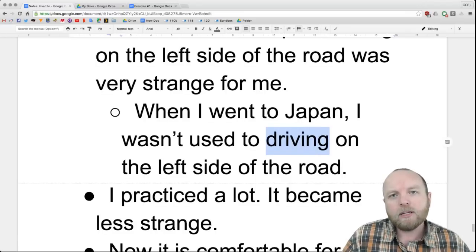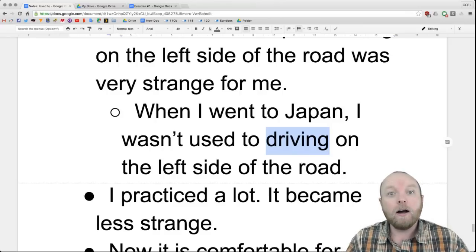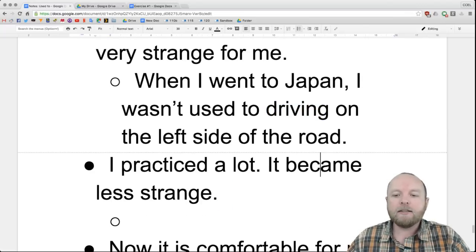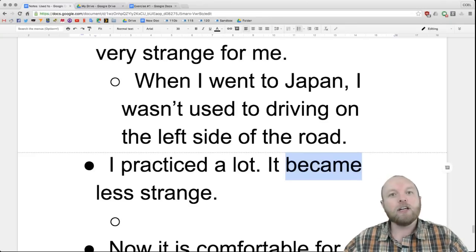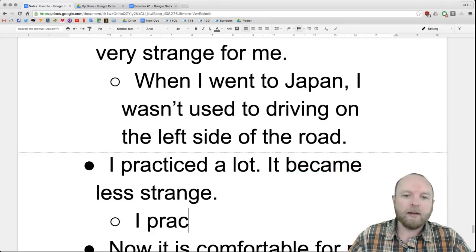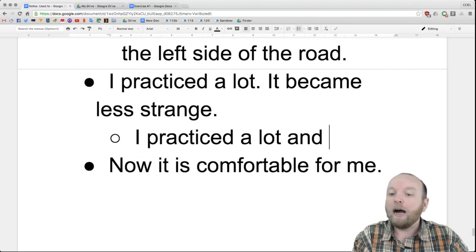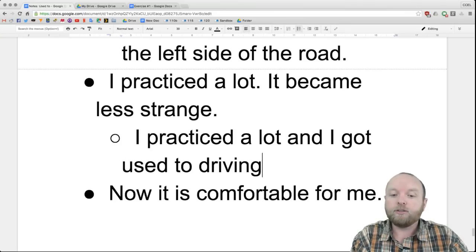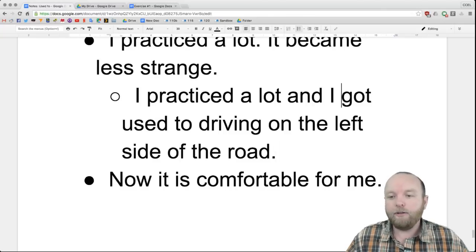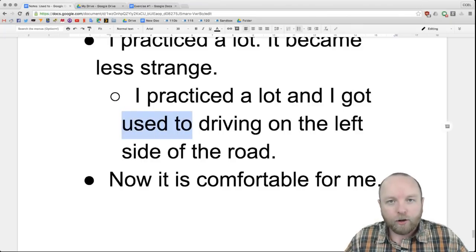Now, last week we talked about get, and sometimes get means become. Well, look here. I practiced a lot, and it got less strange. I practiced a lot, and I got used to driving on the left side of the road. I got used to. I became comfortable with driving.